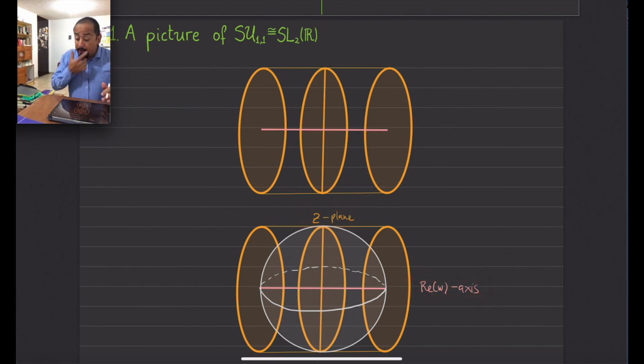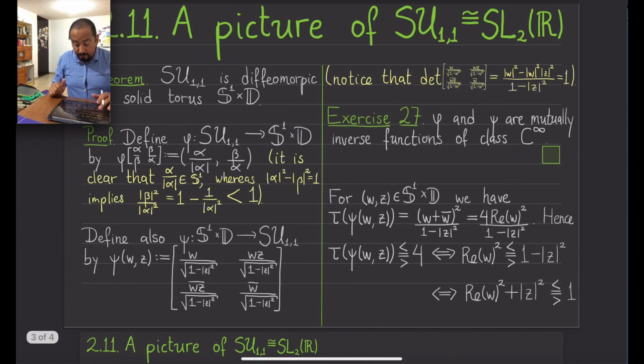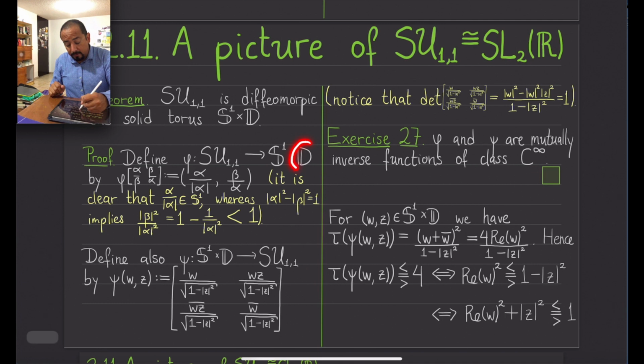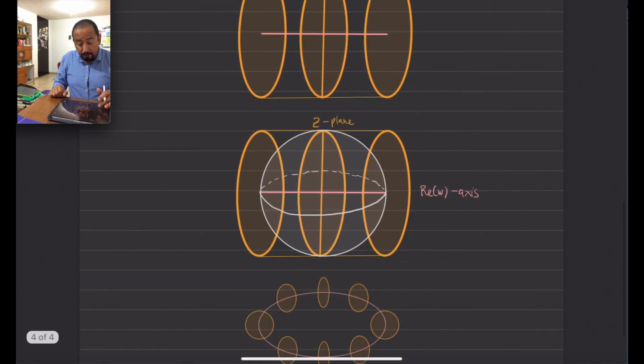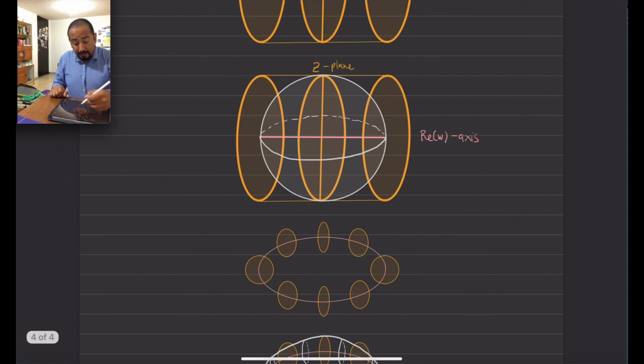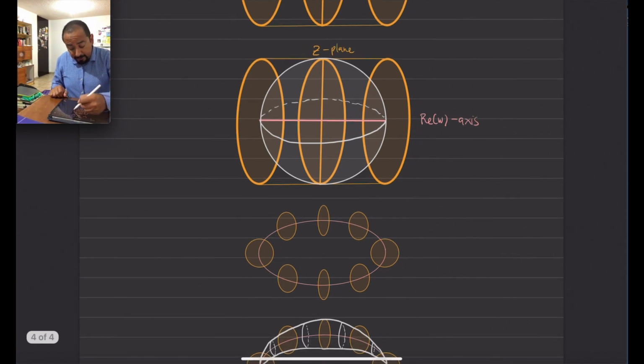All right, but now this is here in the real of W axis times the Z plane, and we are interested in the picture where you don't have real of W axis times Z plane, but the circle where W runs times the Z plane, I mean, actually just the disk part of the Z plane. Okay, but how do I obtain that? Well, I see the real of W axis as the shadow of the circle.